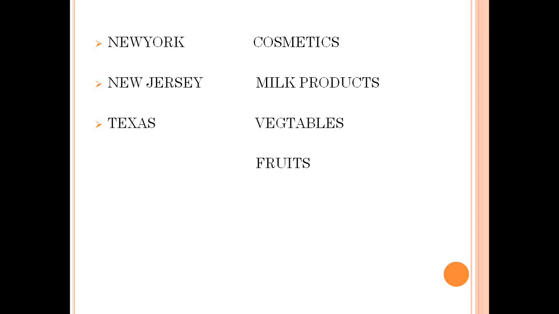So he has given us business areas like cosmetics, milk products, vegetables, as well as fruits. Then he asked us to develop the report within these 3 regions and these 4 business areas.